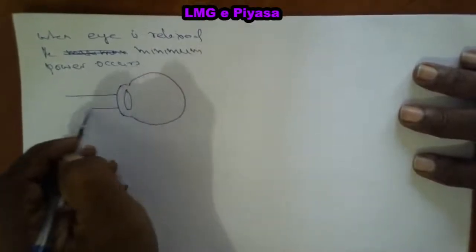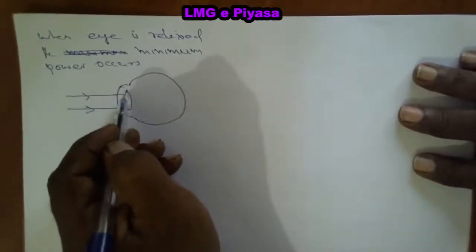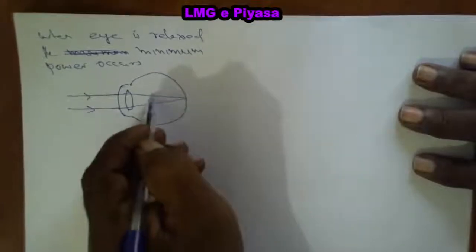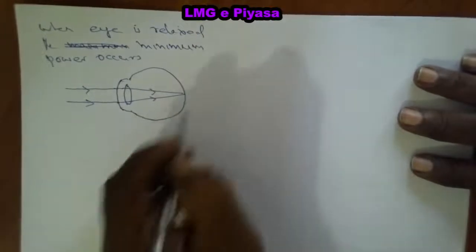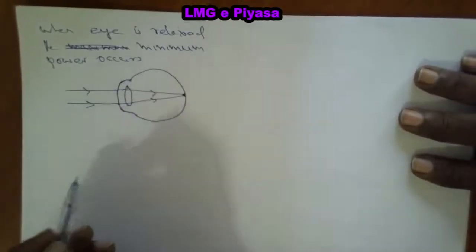If parallel rays come in like this, the eye is at relaxed position, and the rays converge to the retina, then you can look at the image clearly, right?